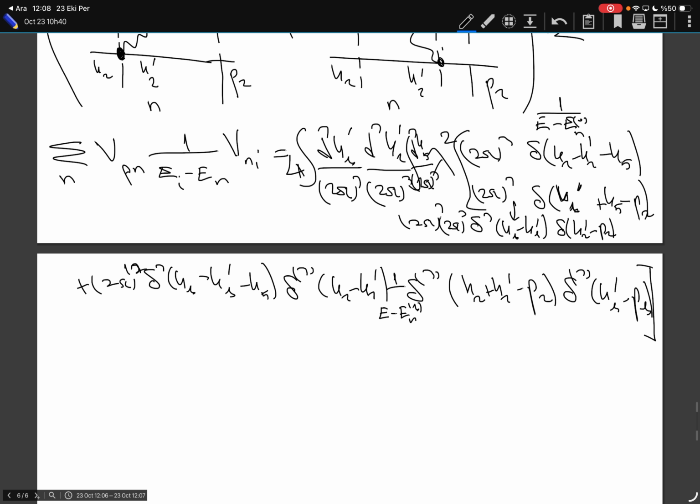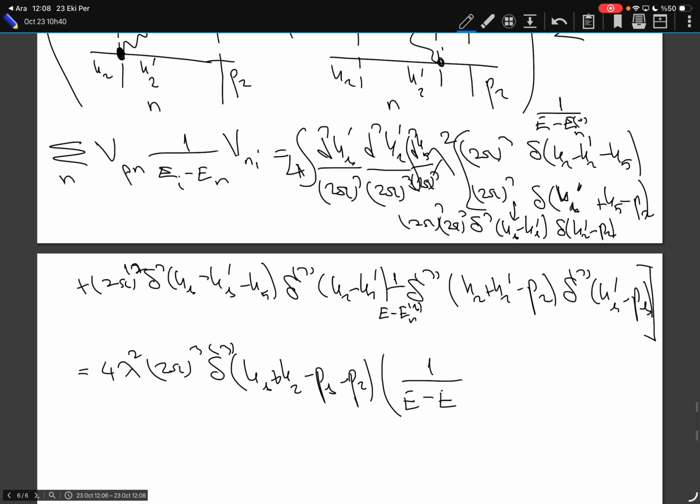So what I will get is 4 lambda squared, 2 pi cubed. I will have Dirac delta k1 minus k plus k2 minus p1 minus p2, the overall momentum conservation. 1 over E minus E, and, well, let me call them 1 and 2. It's for the type of the particle.